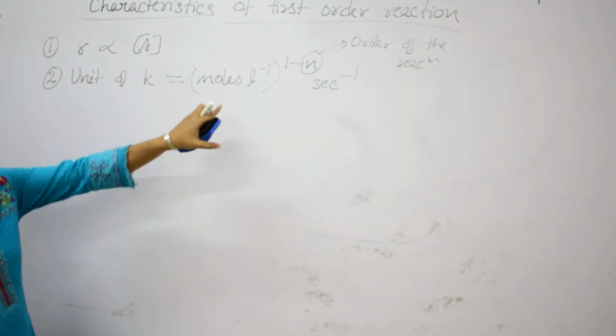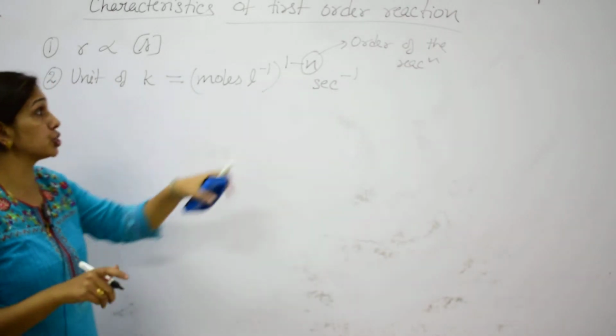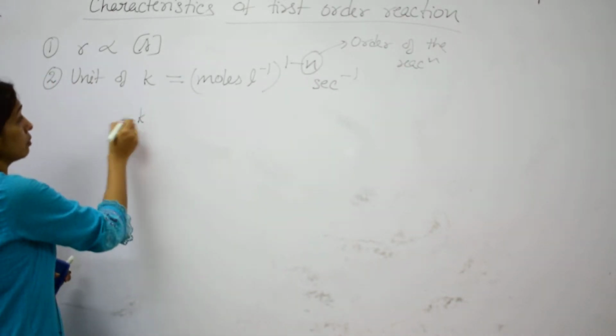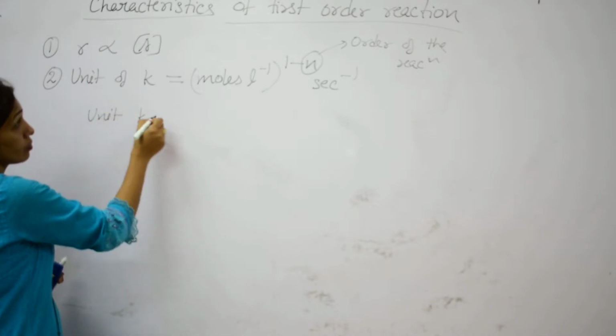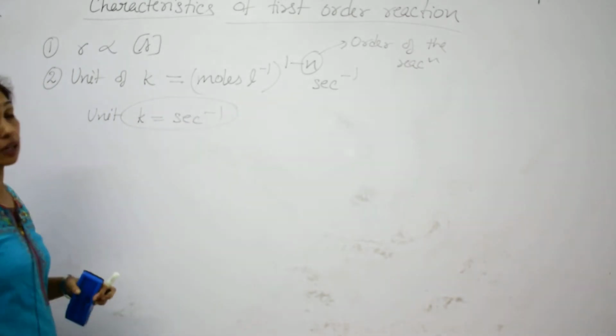Therefore, for first order reaction, n value will be equal to 1. 1 minus 1 comes 0 and the unit of k becomes second inverse, or we can say it will be time inverse.